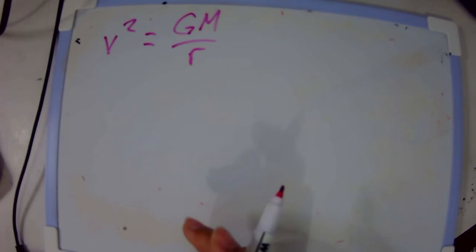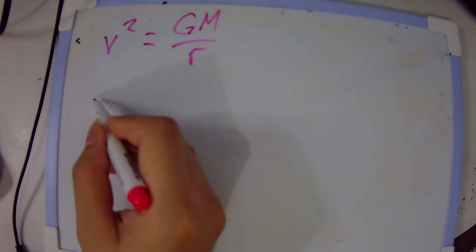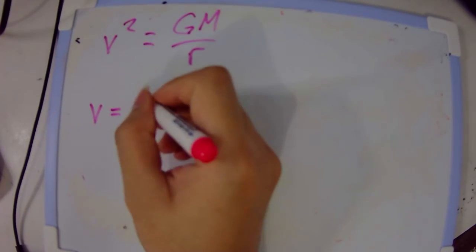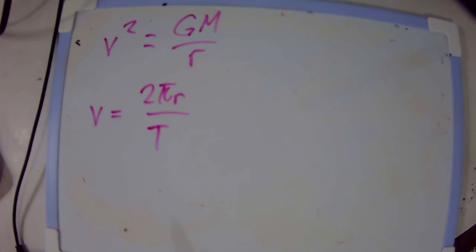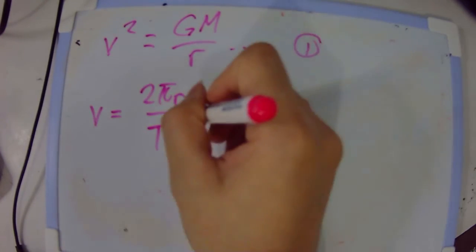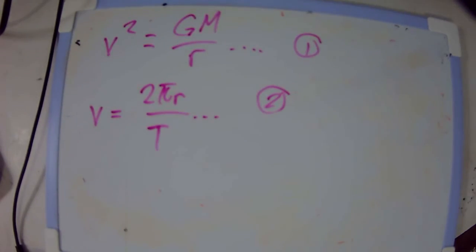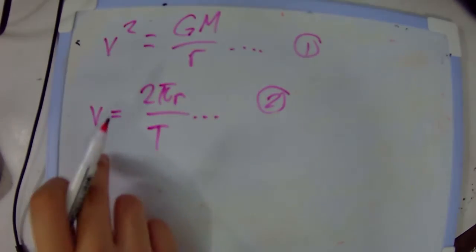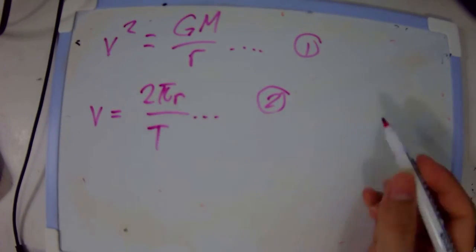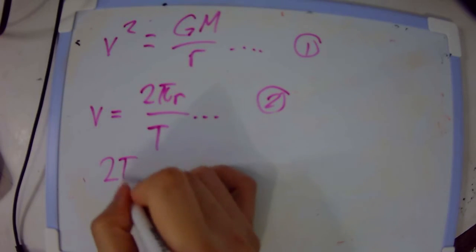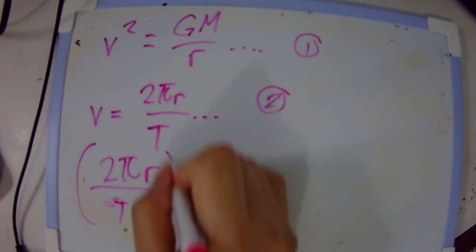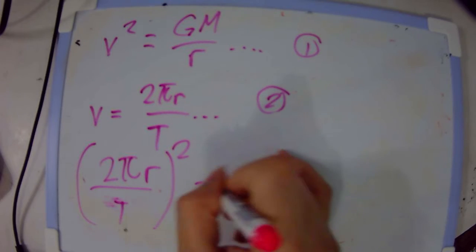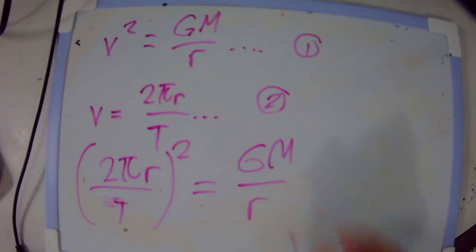The second one we calculated is that V equals 2πR over T. So this is 1, this is 2. We can do substitution. We can substitute this V for this V. So we substitute, (2πR over T) squared equals GM over R.